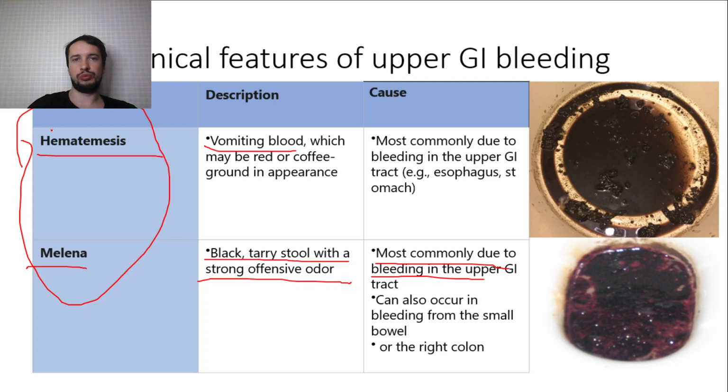When you start talking with the patient, first of all ask if he has vomited blood or something black, for example coffee, and ask him about stool. Does he have stool with something black or maybe blood? And he will say yes, black stool I have.